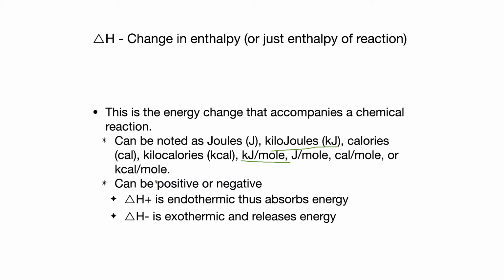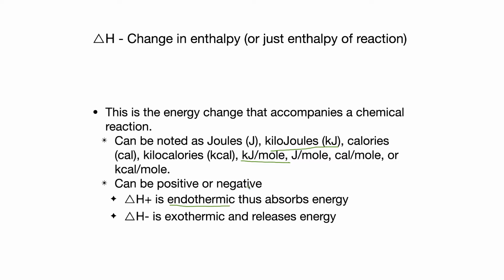Now, can this enthalpy, delta H, be positive or negative? Well, it can. And when we deal with these equations, we'll get to in a minute, if you have a positive value for enthalpy, for the change in energy, being positive is an indicator that it is endothermic.